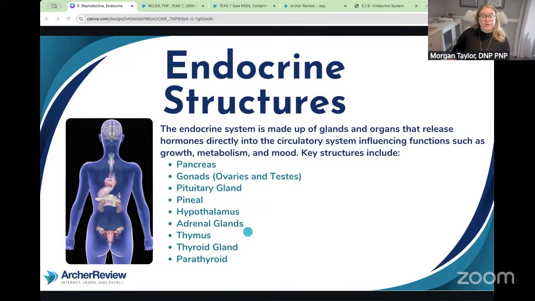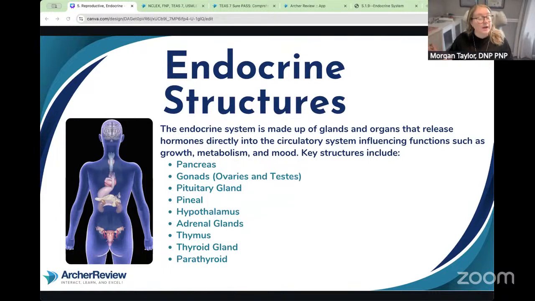Then we have the adrenal glands, the thymus, the thyroid, and behind the thyroid, the parathyroid. So, whew, all throughout your body, you have organs that produce hormones and send their signal out to other tissues, bringing messages throughout the body. Kind of a complicated process, okay?